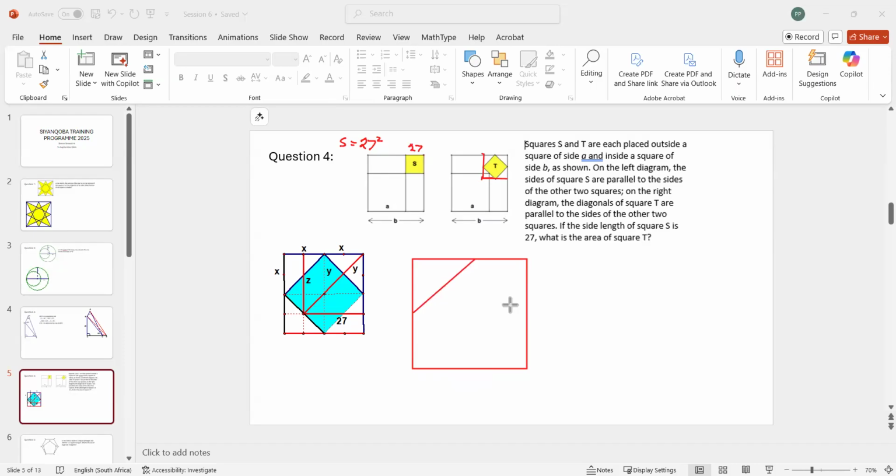So the T is actually equal to, see, I can see that I'm going to get 8 of these exactly the same triangles here.